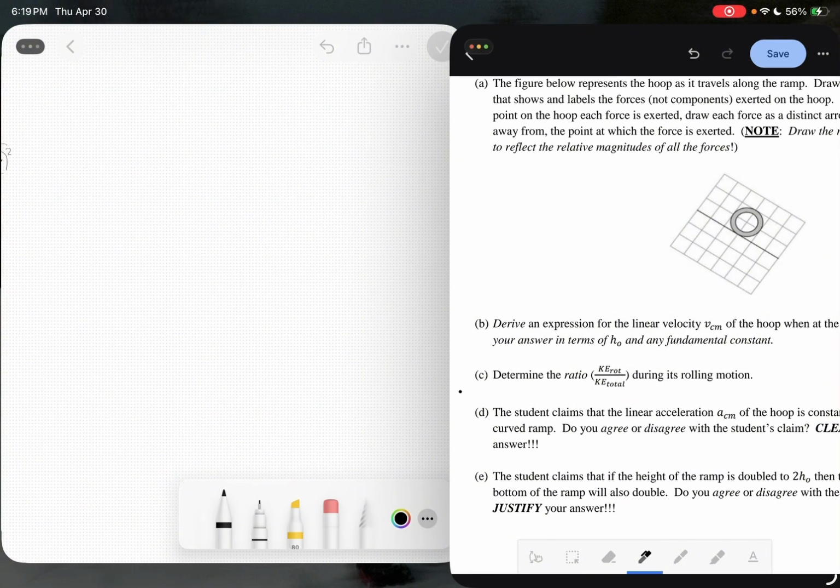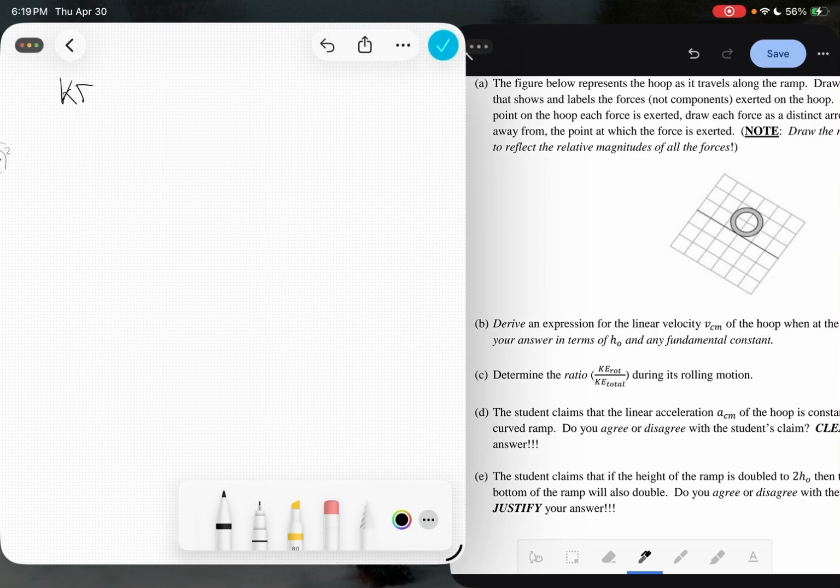For part C, I'm gonna start with KE total equals KE linear, because it's sliding down, plus KE rod, because it's also rotating. And this equals 1/2 MVF squared plus 1/2 I omega squared.